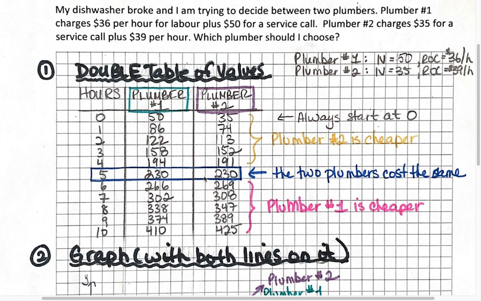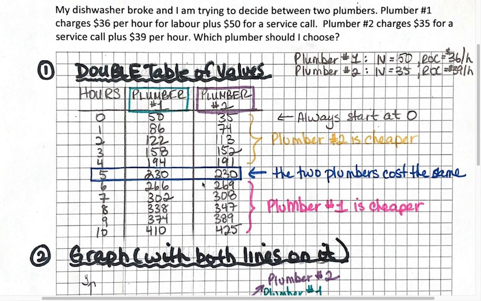However, if we think it's going to be a shorter job, maybe below 5 hours, so between 0 and 4, if we compare the numbers, you can see that for every value below 5 hours, plumber two is going to be the cheaper option. All of these numbers are lower than plumber one. We hit 5 hours, they're the same. But then after 5 hours, if you look closely at the numbers, it switches.